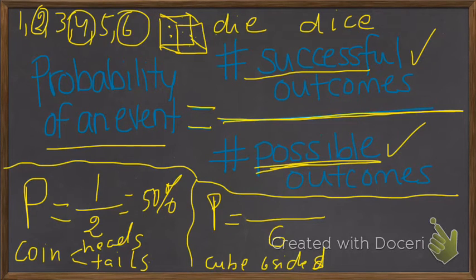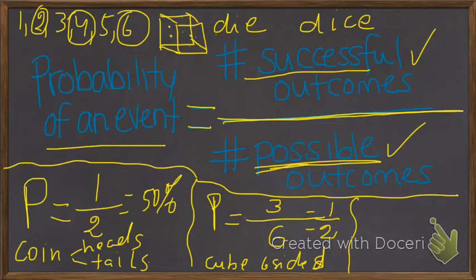I'm going to count these: 1, 2, 3 numbers. 3 numbers are even when you toss a die. So in lowest terms, it's going to give you 1/2 again, right? So that will be 50%. So 3 over 6 is 1/2. All right, so you can have another example.